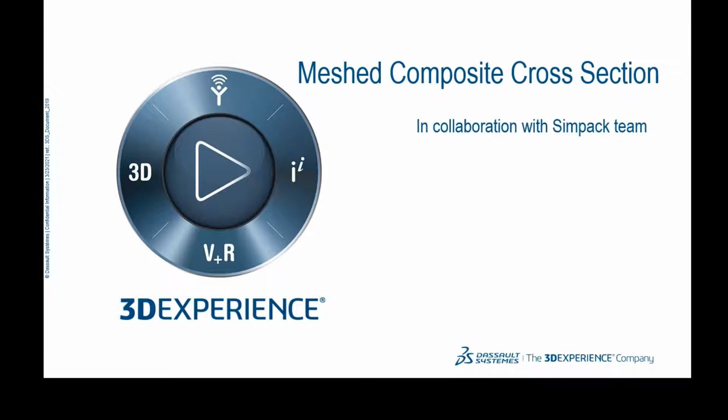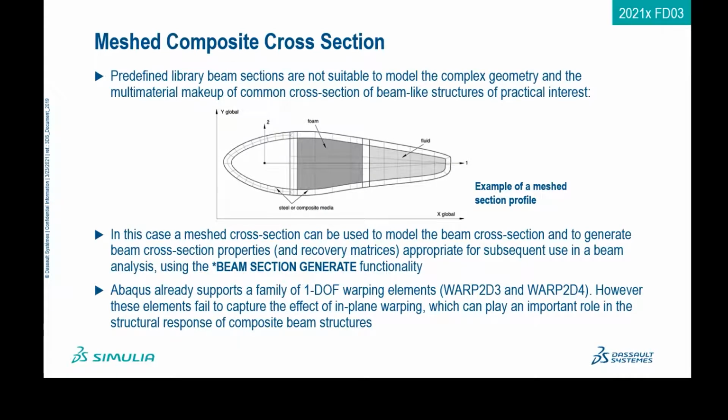Now I'm going to be talking a little bit about the meshed composite section, or cross-section. The meshed composite sections are related to the predefined library beam sections that are not suitable to model the complex geometry and the multi-material makeup of a common cross-section of beams, like the structure of practical interest depicted here in this example.